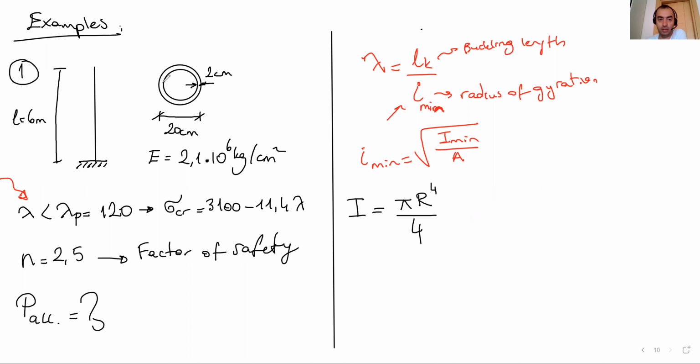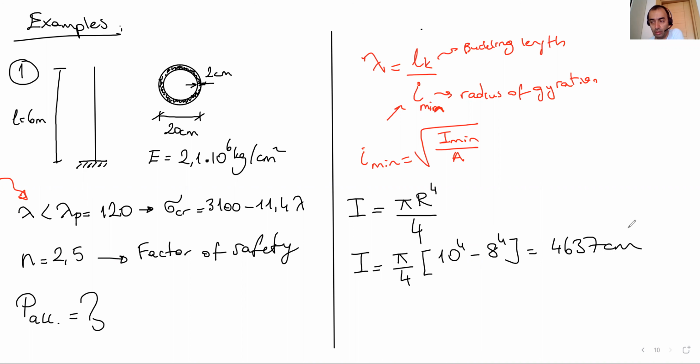The section is only this portion; the mid portion is empty. I equals pi over 4 times the total radius to the fourth minus the inner radius to the fourth, 8 to the fourth. This is the moment of inertia for each direction. We also have to calculate the area.